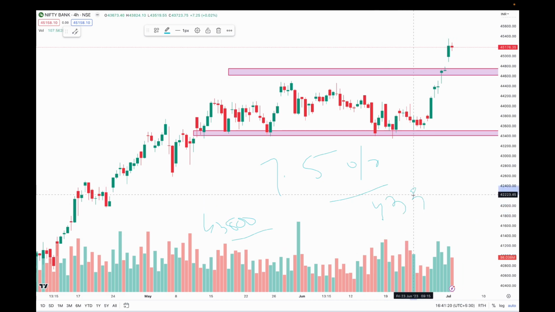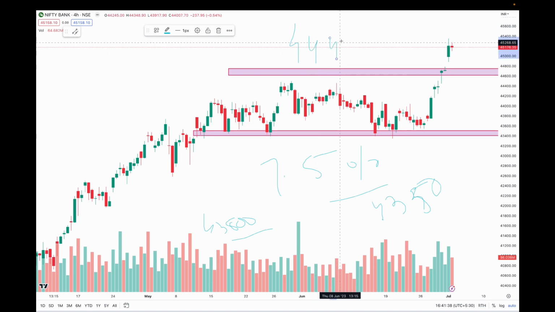On the upper side, it went till here, because the expiry was on 28th of June, the last day in this month. It was 44,434, the high for Bank Nifty.